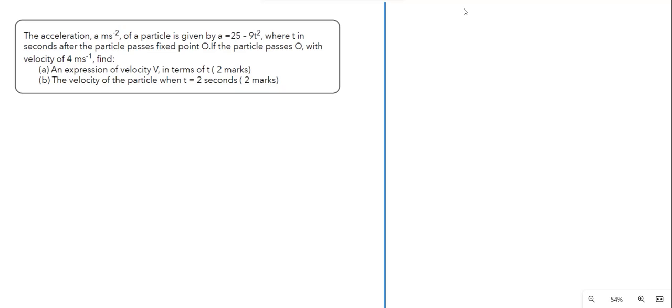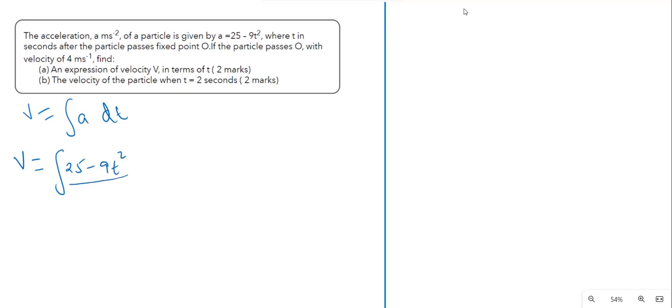So the formula we can use is that for us to get velocity, we are supposed to integrate acceleration with respect to time. In this case, velocity is equal to the integration of acceleration, which is 25 minus 9t squared.